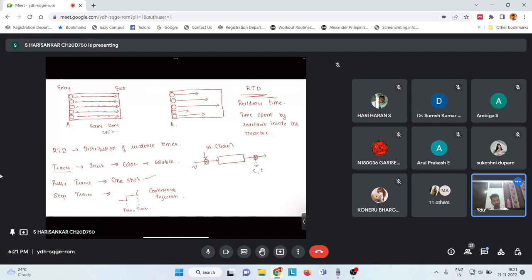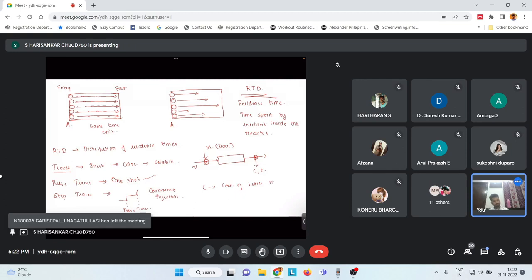So M is your tracer, nu is your volumetric flow rate, and C is the concentration of tracer, not your reactant or product. C is the concentration of tracer in your output at time t.